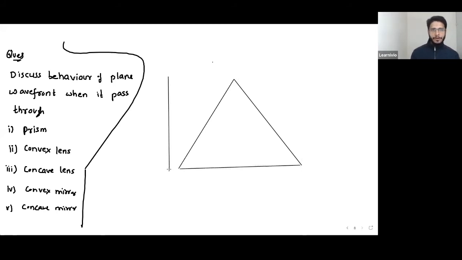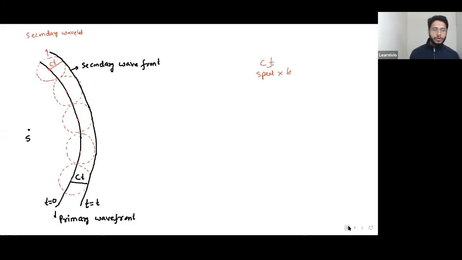This is a plane wavefront that I incident on one face of the prism. This is the incident wavefront. Consider this incident wavefront as a primary wavefront. From this primary wavefront, you have to draw the secondary wavefront. To draw the secondary wavefront, you have to use this Huygens principle.